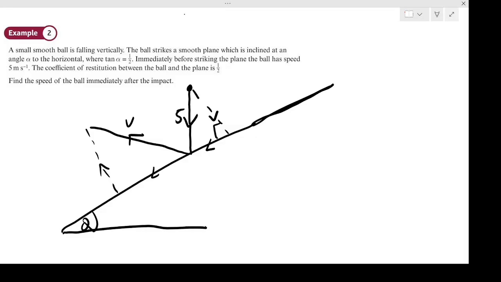Now, what about the angles? Well, actually, it turns out that this angle here is also alpha. Okay, it's very similar to how we resolve weight in this sort of situation. Remember, let's have a weight force like this. We could split up the weight like this, perpendicular and parallel, and this angle is also alpha.